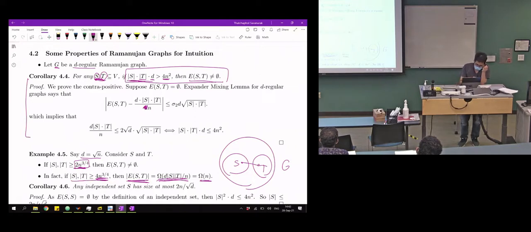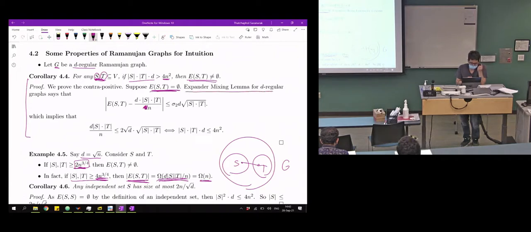So let's just prove this. I want to prove that if S and T are big enough, then there must exist an edge. So let's prove the contrapositive. That is, suppose that there is no edge between S and T. The expander mixing lemma for regular graphs says exactly this thing with the norm.